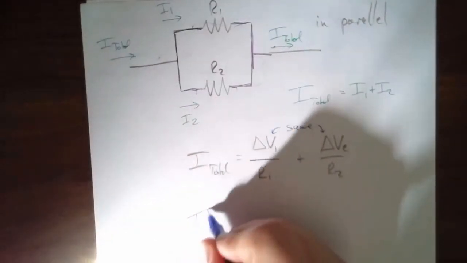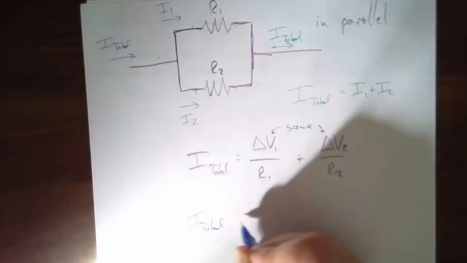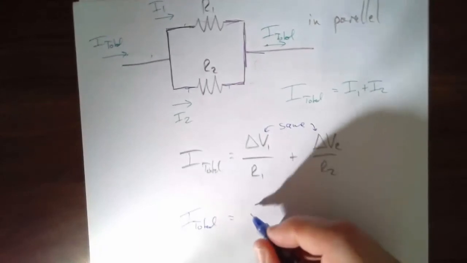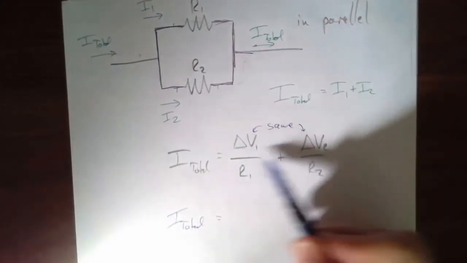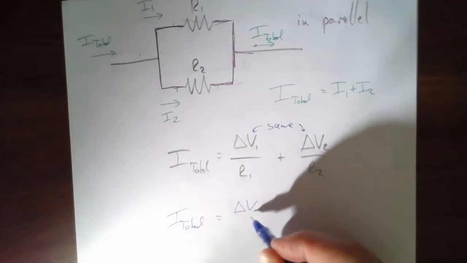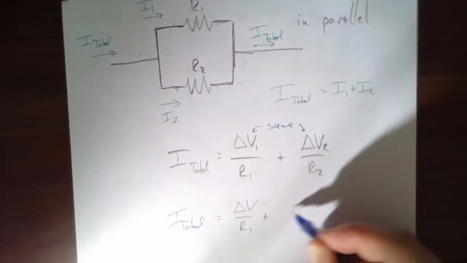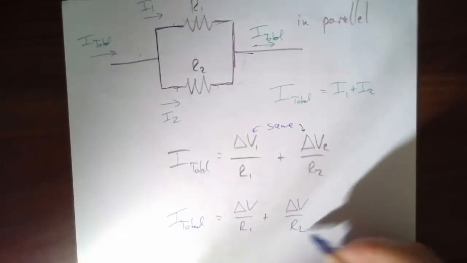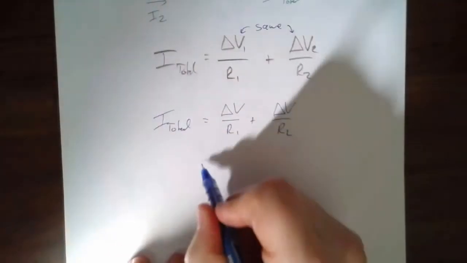So I have that I total, the total current, is by junction law this. I can rewrite it as this. There's only one delta V, which I can then simplify.